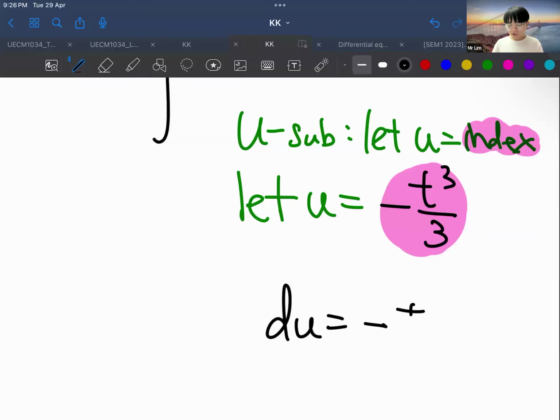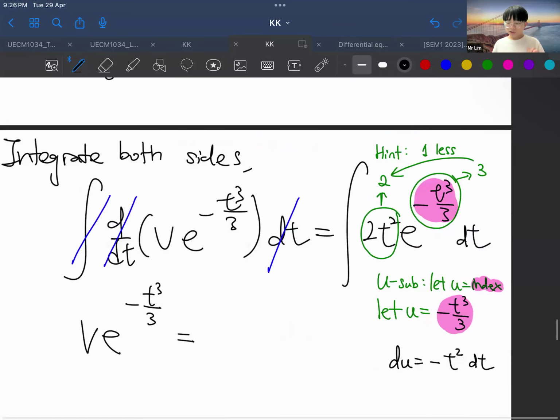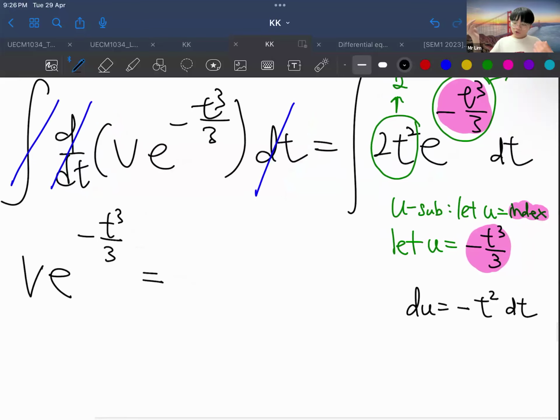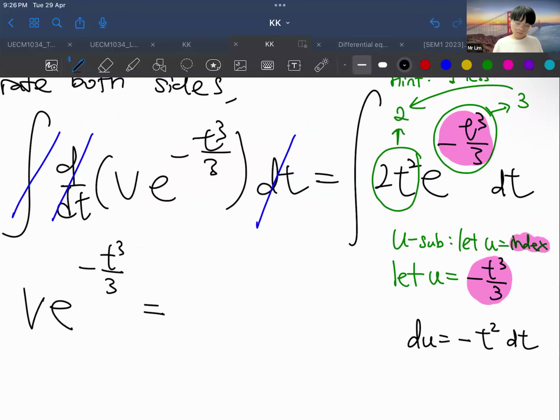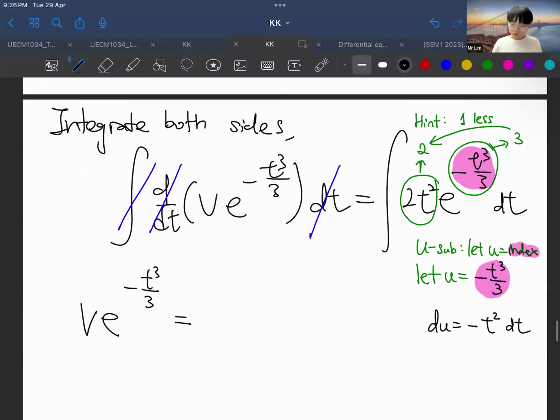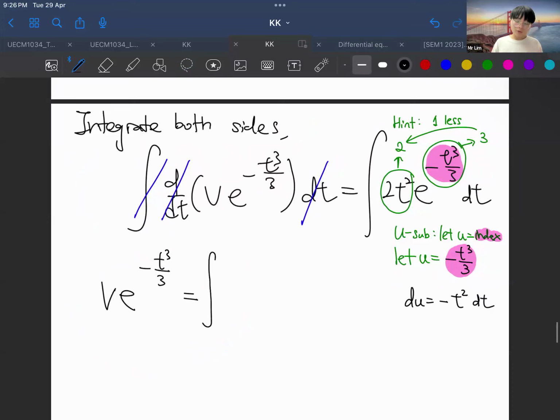So I have negative t² dt. Okay, negative t² dt. What I'm going to do next, if I don't want to do one step directly, I will prefer to bring the 2 out, because the 2 now is confusing. And then I put my t² and dt together.